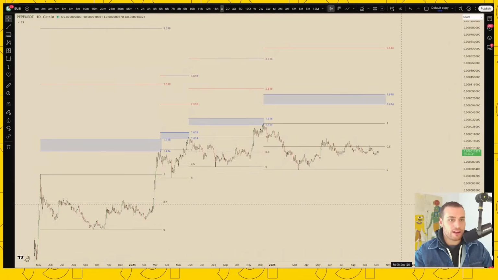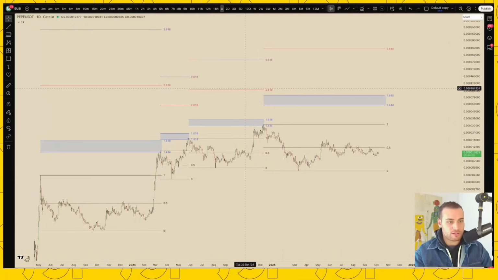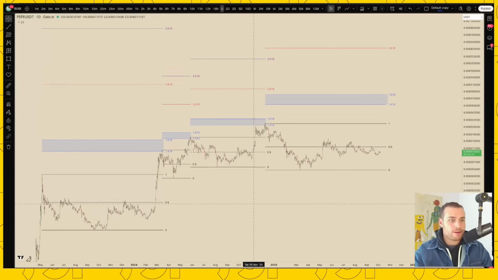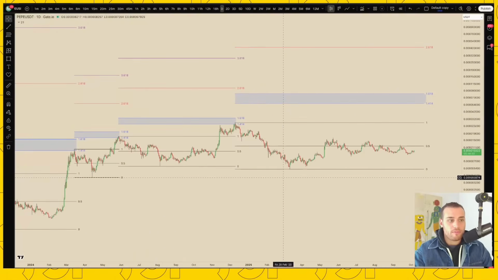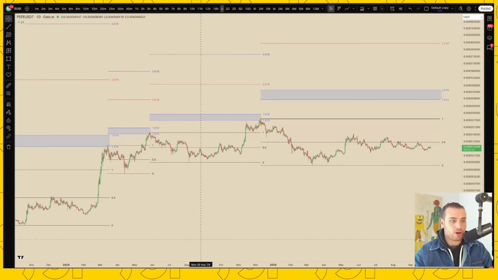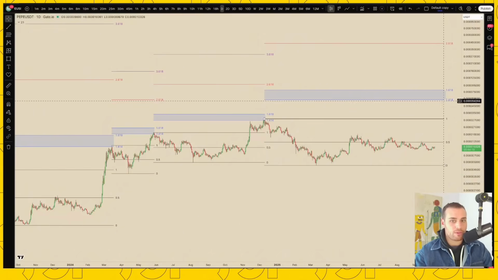Now, something else that I like to do, you'll see I've got the 2618s up here, 3618s. These levels play also. And I like to look for confluence with previous range accumulations and potential future ones to look for kind of confluent levels. So, when I look at this chart, I say, okay, your most important level is going to be your 1414 and 1618, right?